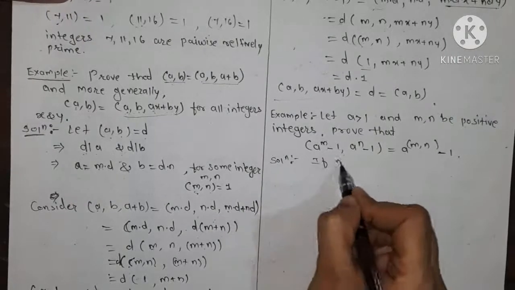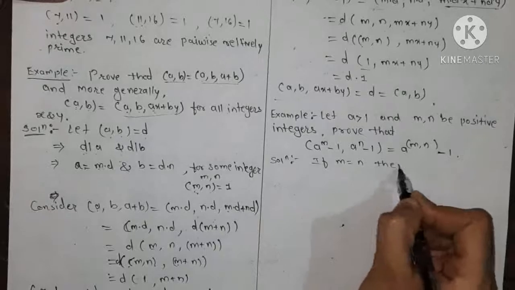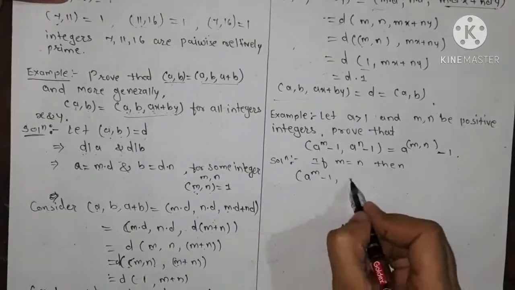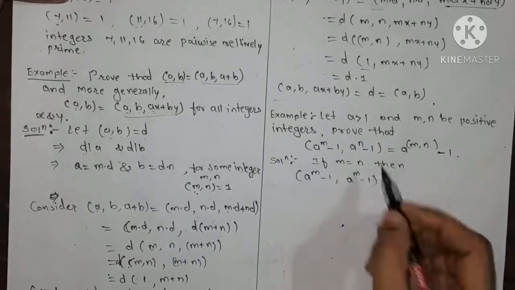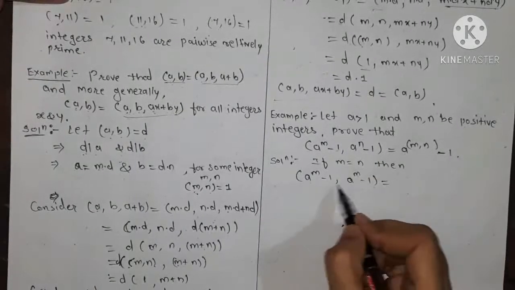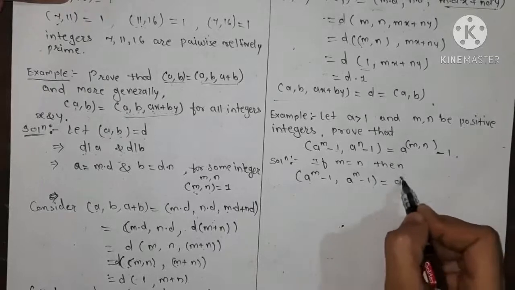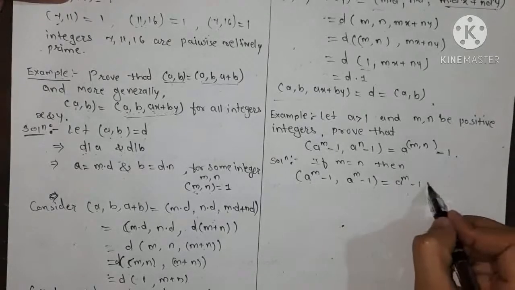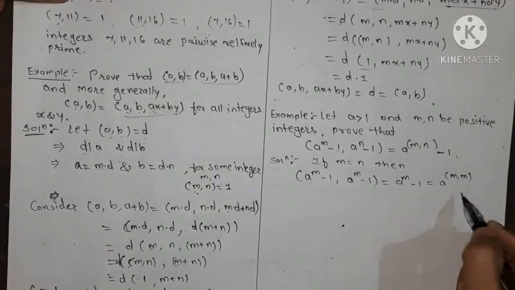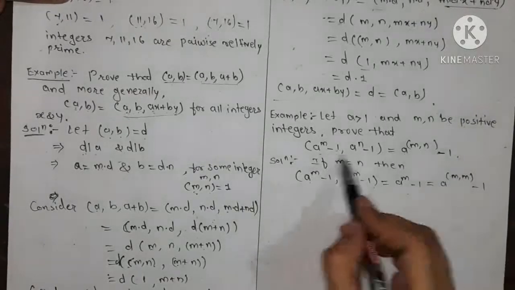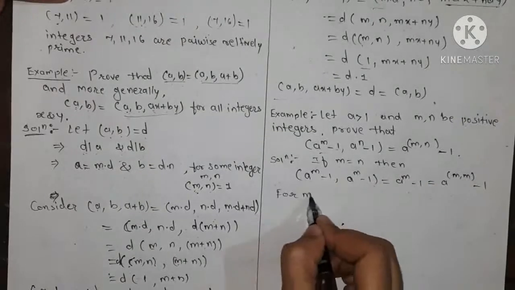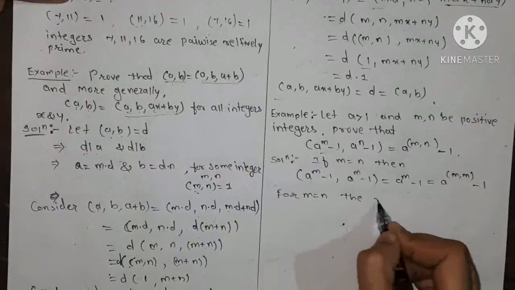If m equals n, then the GCD of a to the power m minus 1 and a to the power n minus 1, writing n equals m here, is the same number, so the GCD is a to the power m minus 1, which equals a to the power GCD of m, m, minus 1. So for m equals n, the result is true.